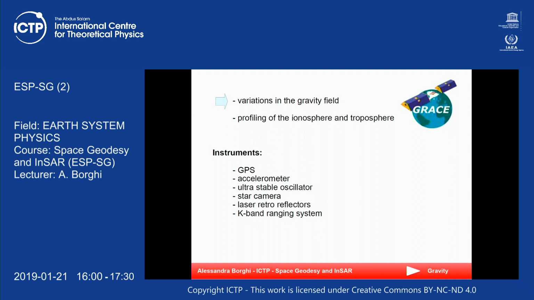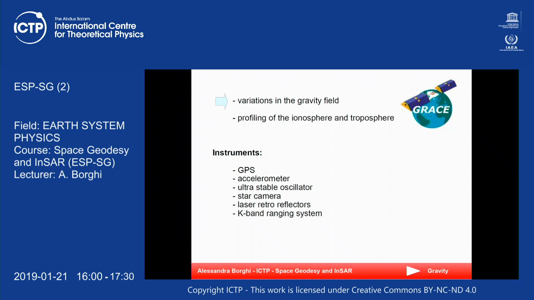So the instruments on board a GRACE satellite are GPS, accelerometer, we are going to see what it is, an ultra-stable oscillator to give the measure of time, a star camera to also give a position with respect to the stars, and a laser retroreflector to be tracked. The satellite could also be tracked from the Earth using a laser measure.